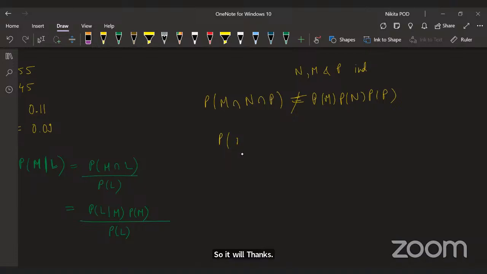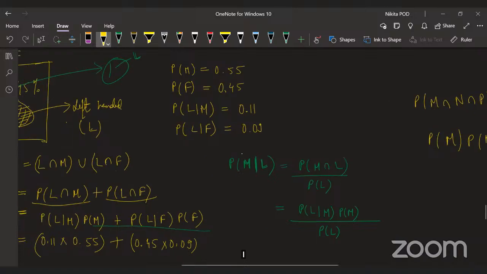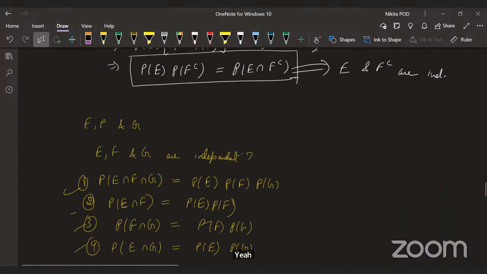So it will be the probability of M times the probability of N given M. Hold on, I must have written it somewhere.